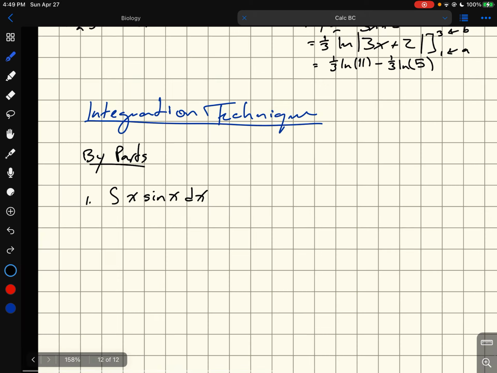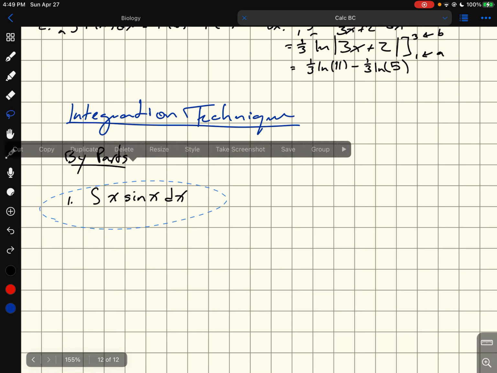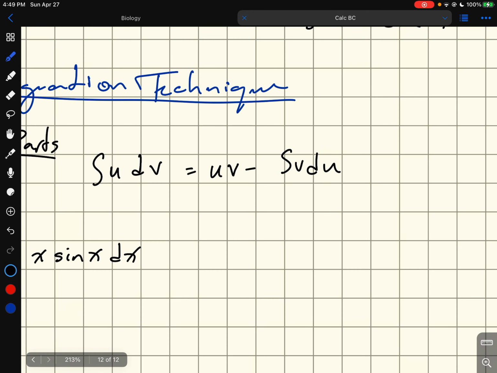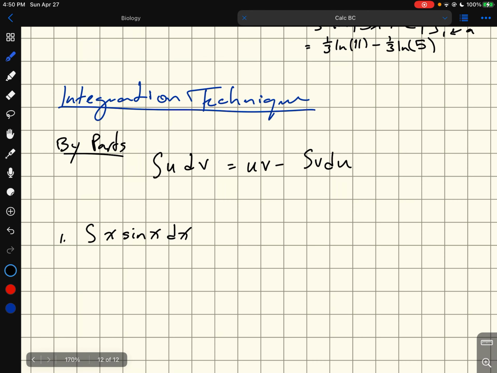So the formula for this, I should have written that first. Let's move this down here. The formula for integration by parts is this: integral of u dv equals u v minus integral of v du. Okay, I'm going to try my best to keep my v's and u's very distinct from each other.